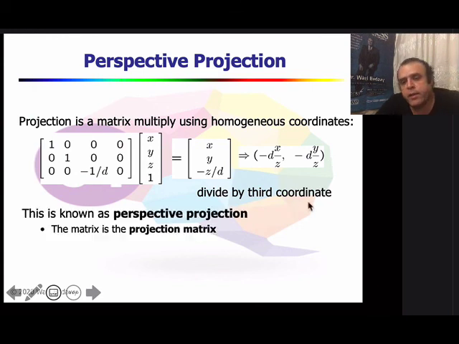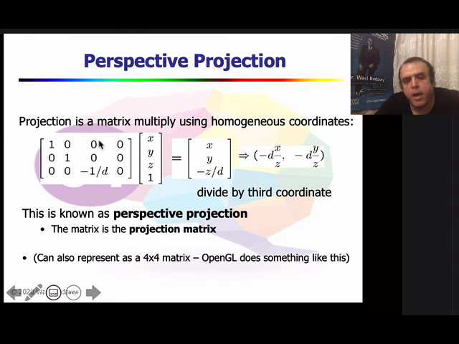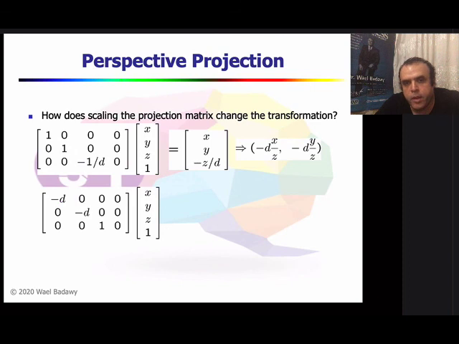This is known as the perspective projection, and this matrix here is the projective matrix. You can also use a 4x4 matrix, and if you are using OpenGL, you will be able to get similar information.